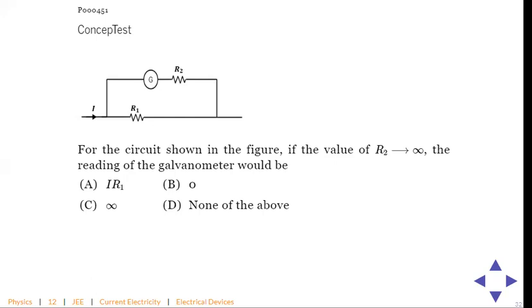Okay, very good. So tell me, what is the answer over here? If R2 tends to infinity, will current flow through this circuit? What would be the reading of the galvanometer?